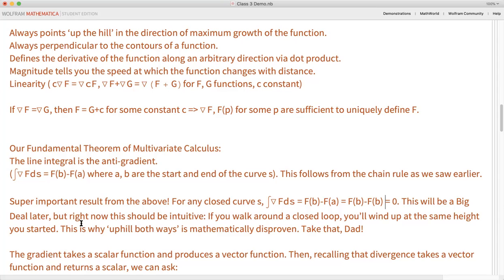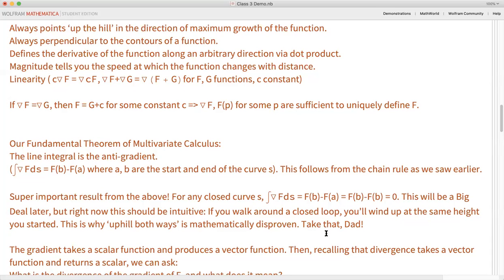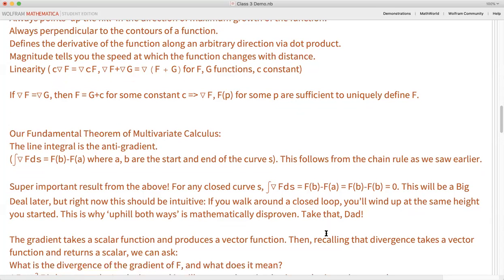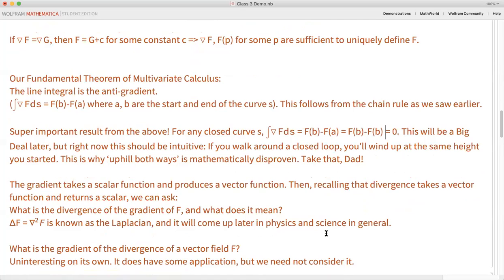I know I'm over-explaining the joke, but I actually think that's a pretty good way of understanding why this closed loop integral has to be 0. It basically comes from the fact that the function is well-defined. In order for our thing to return to its original value, that closed loop better come out to 0. Otherwise, you could walk in a circle and wind up higher or lower than where you started.